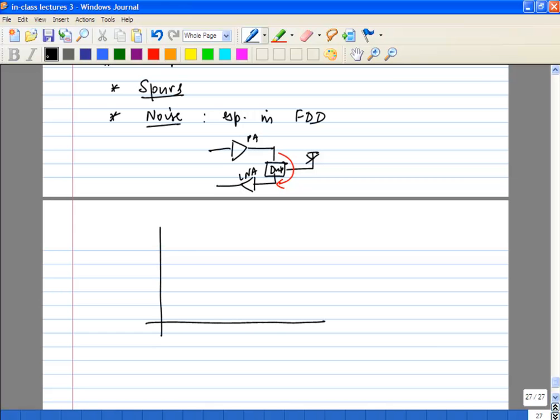So let's say this is your modulation. I'll show only one half. Let's say it goes like this and it goes like this. Eventually, the modulation power is going to go below what I'm going to call the noise floor.